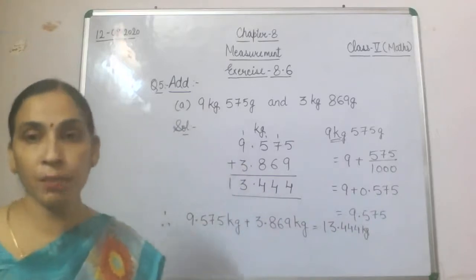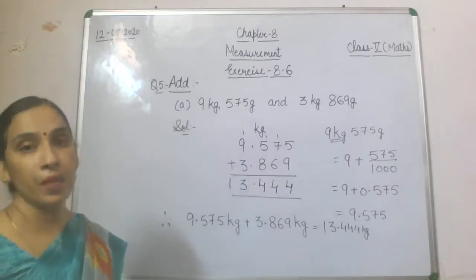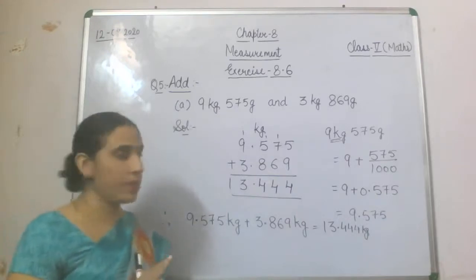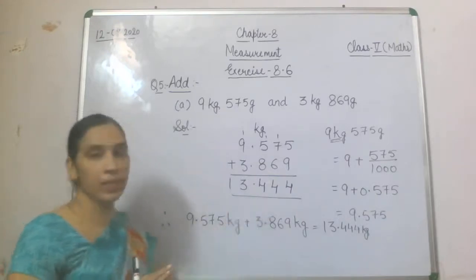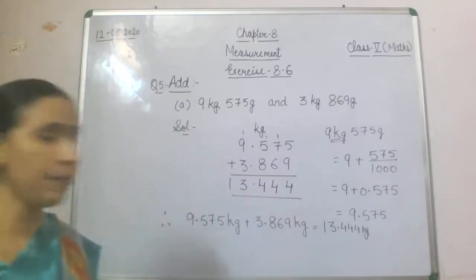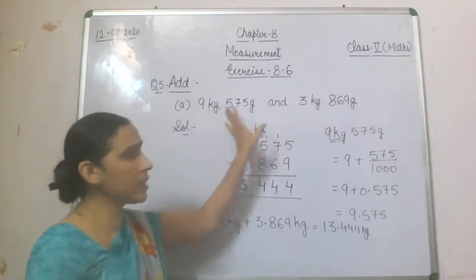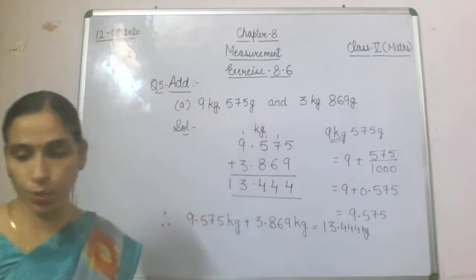I am doing this a little quickly because you have done this kind of addition in length also. It is the same. So here we get 13.444, and the unit will be kg, because we have converted the given kg and gram into kg only.